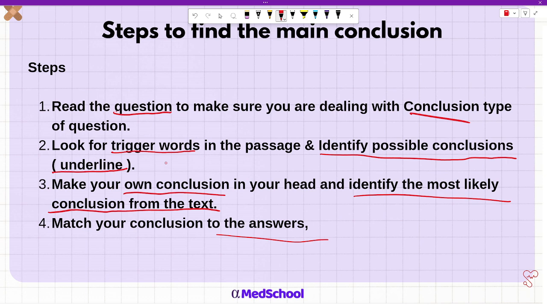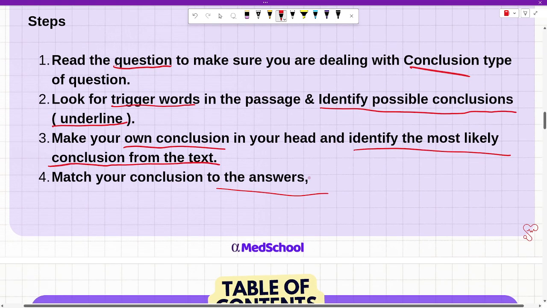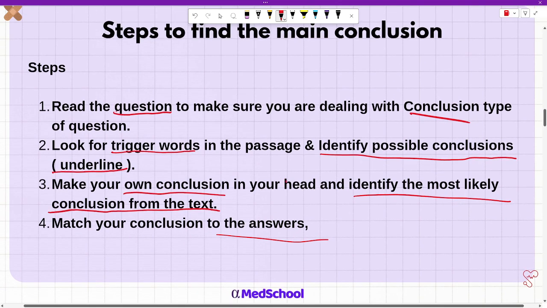Whenever you find a possible conclusion, make sure you underline it, just so you have a reference and can check it later. Then make your own conclusion after reading the text, identifying the most likely conclusion, and match your answers with the conclusion that you created in your head.